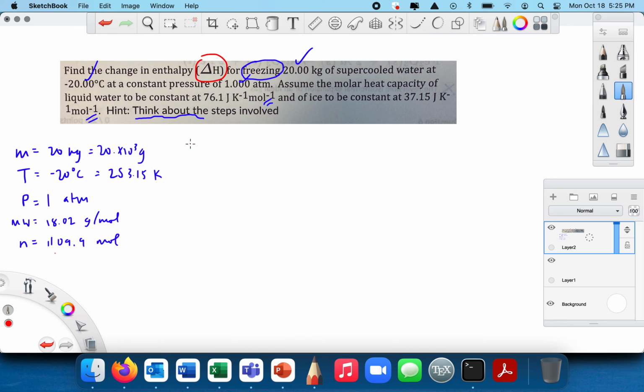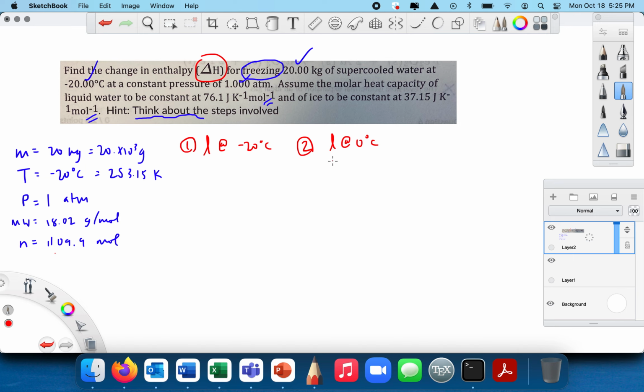I'm going to say, all right, so in step 1, I've got water at minus 20 degrees Celsius, right? And at step 2, what we can think about is water going from water at minus 20 to water at 0, right?